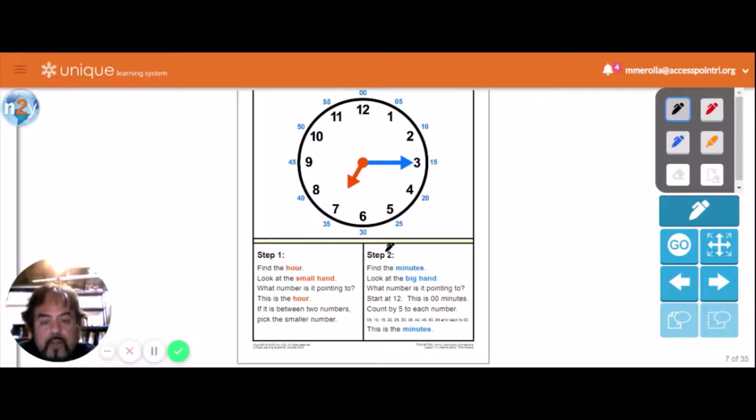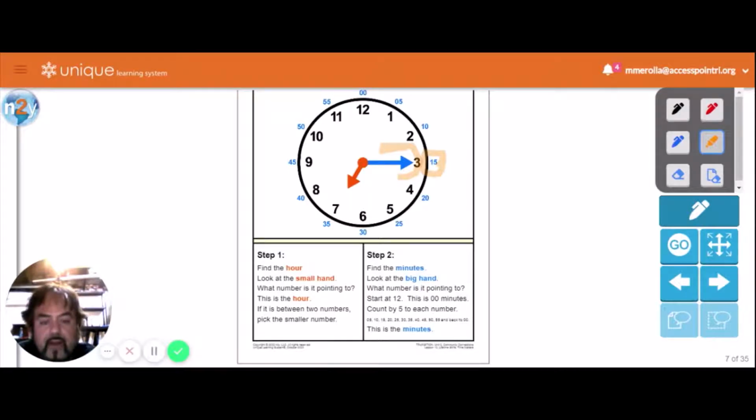So step 2, find the minutes. Look at the big hand, which is right here. What number is the big hand pointing to? Yes, it's pointing to 3, but it's also pointing to 15 on the outside of the clock. You start at 12, 0, and those are the minutes.